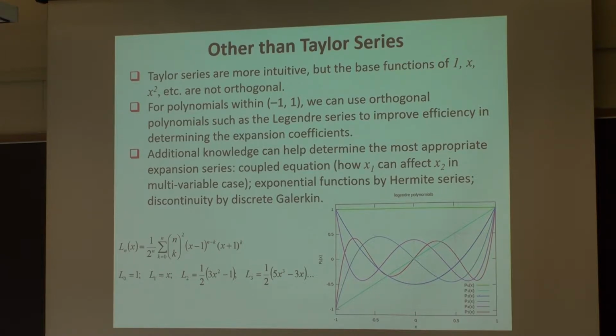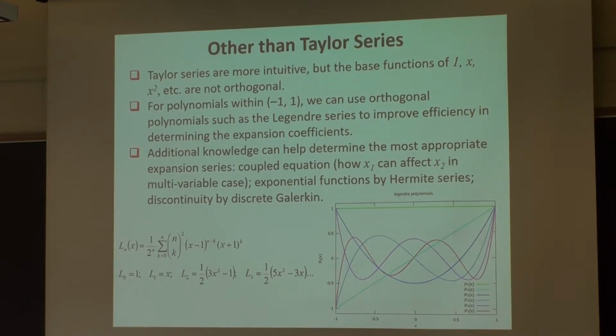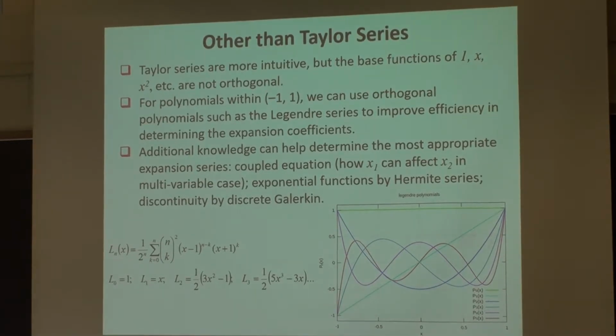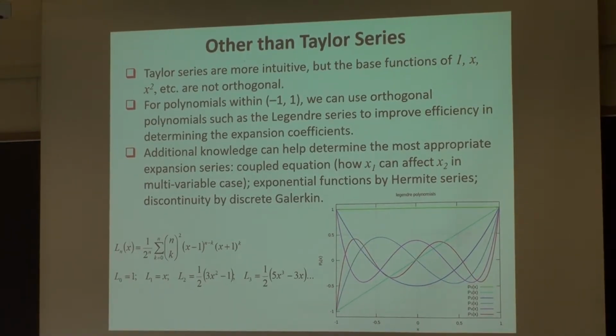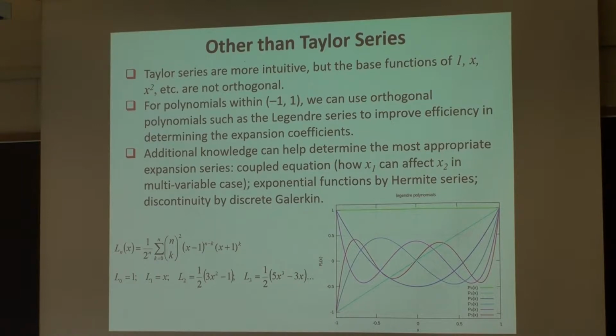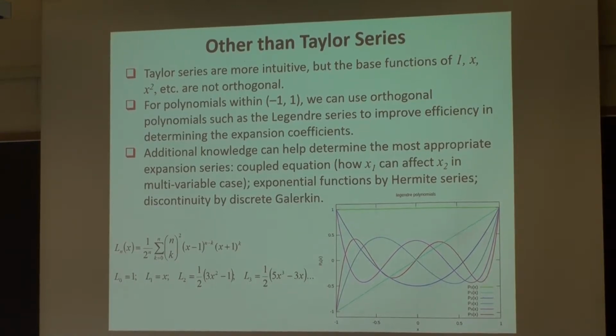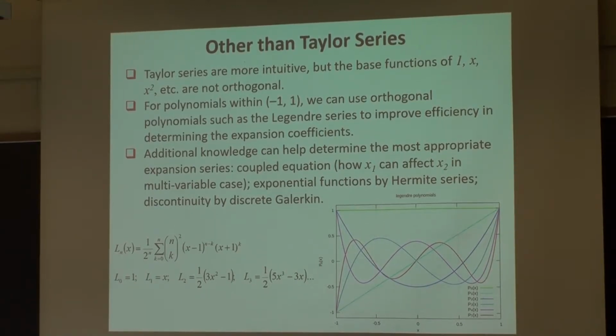But with Taylor series, because it's not orthogonal, adding the x squared will still perturb your choice of x. It's just the way it is. But with different approximations you can use orthogonal polynomials to serve as a better space, a better expansion, so that you can converge faster.